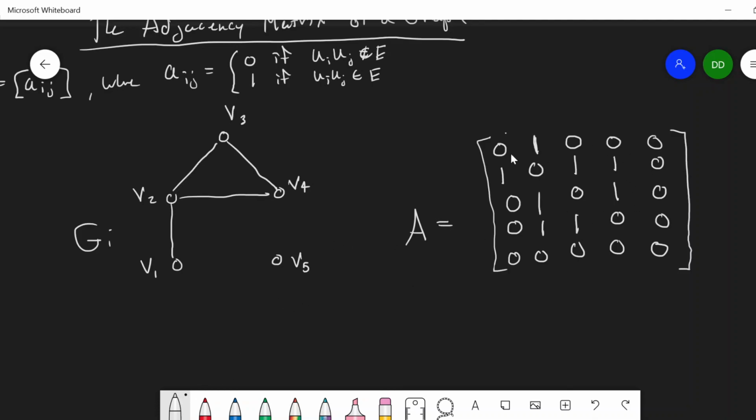So great. Like I said, this stores the adjacencies of the graph. Now, the first big result to come out of this is looking at powers of this matrix, so multiplying this matrix by itself k times and looking at what that gives us.